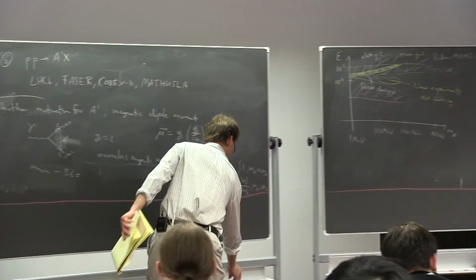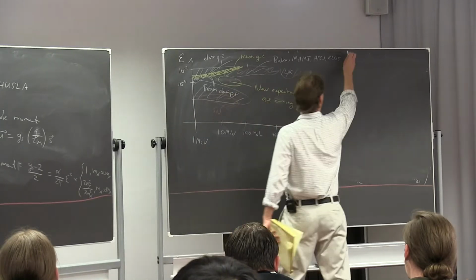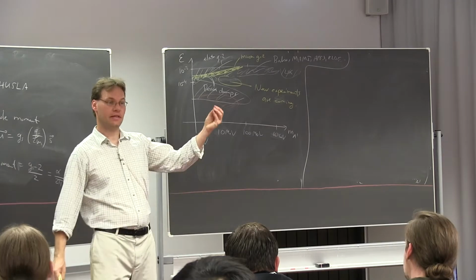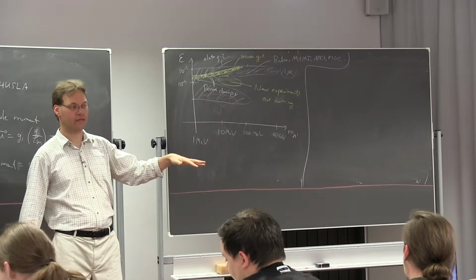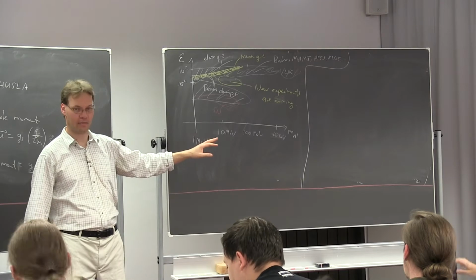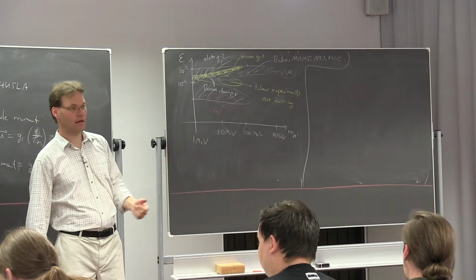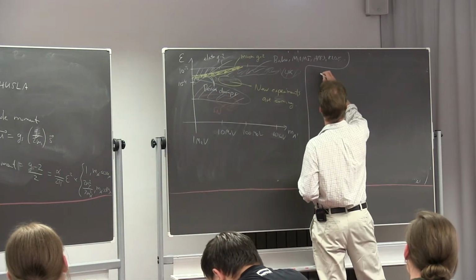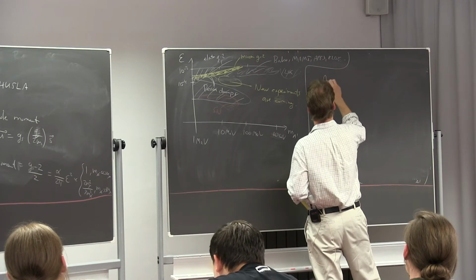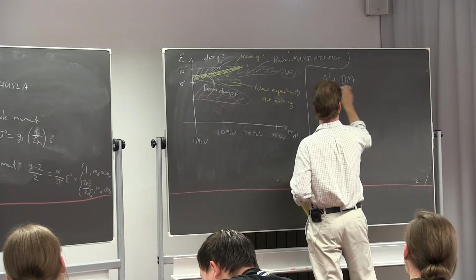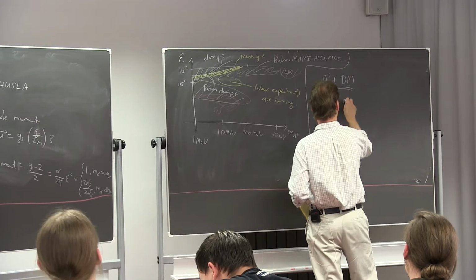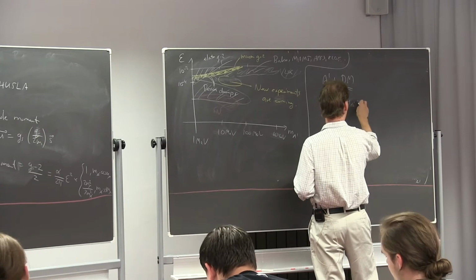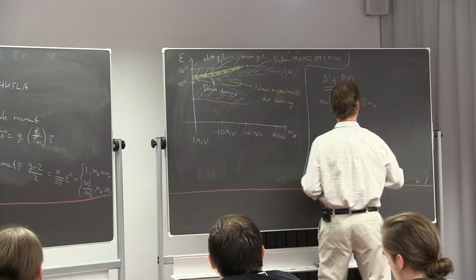Okay, so what I want to do now, and I'll do this quicker than the other stuff, is I want to bring back the idea that the dark matter is there and make it light. And instead of having the dark photon decay to standard model particles, so e+ e-, mu+ mu-, I want to have it decay to dark matter. Okay, so now make the dark matter light, and in particular, make the dark matter lighter than half the A' mass.